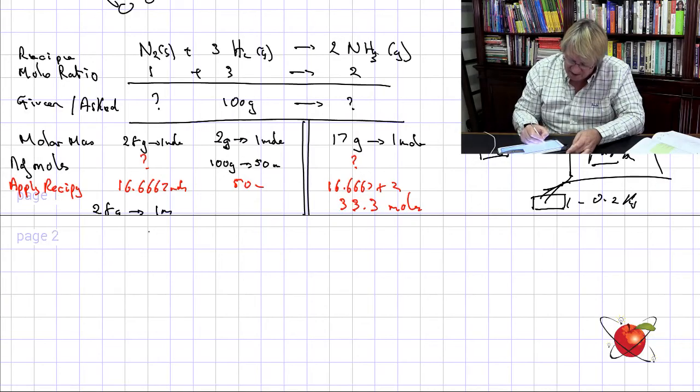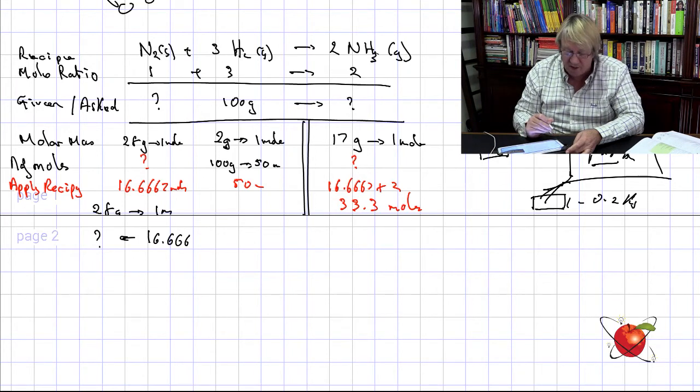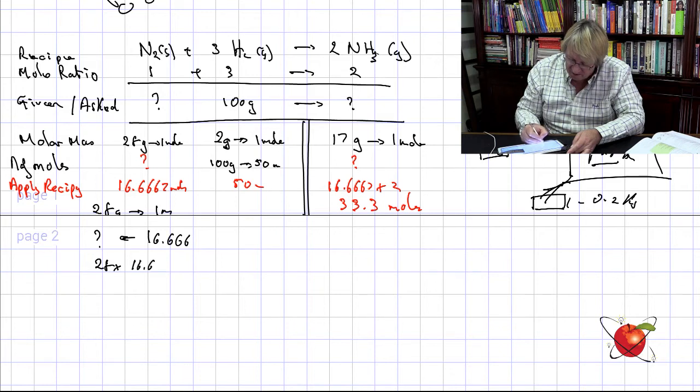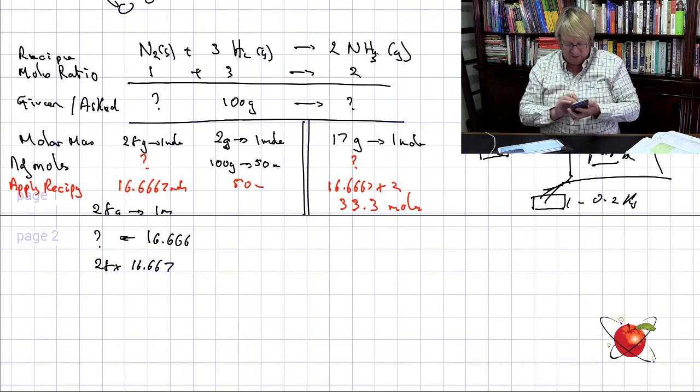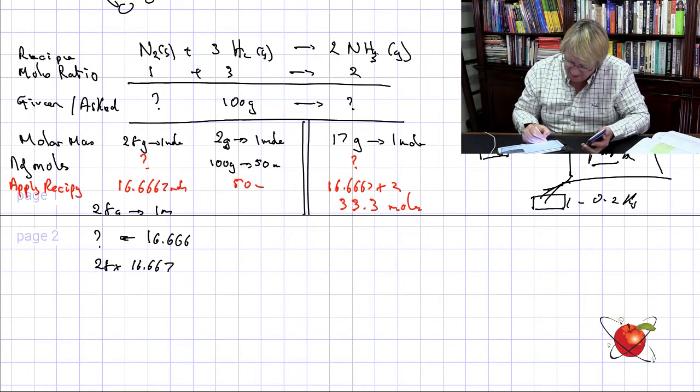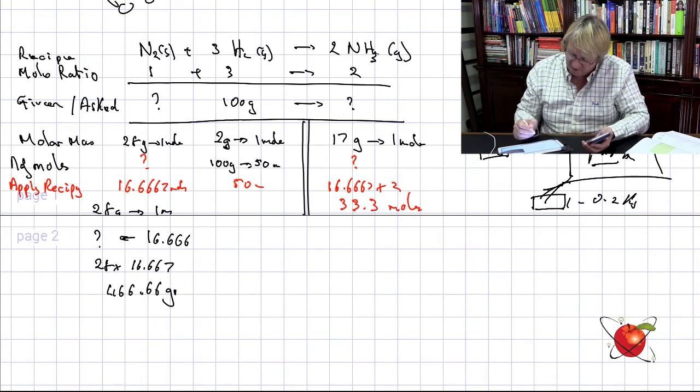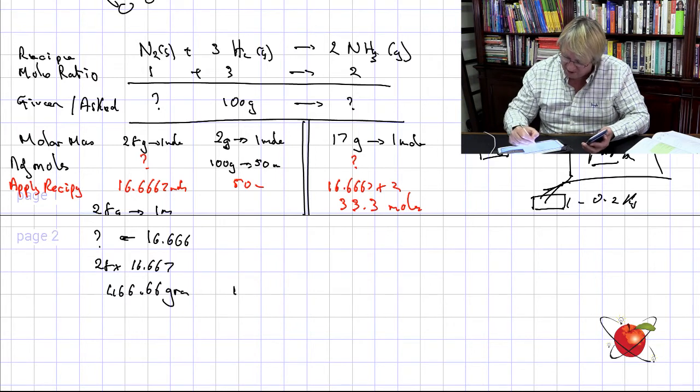Therefore, if 28 grams is 1 mole, I've got 16.666 moles. So how many grams have I got? 1 is 28, so 16 must be 28 times that. And 28 times 16 is going to be equal to 466.66 grams. Okay?